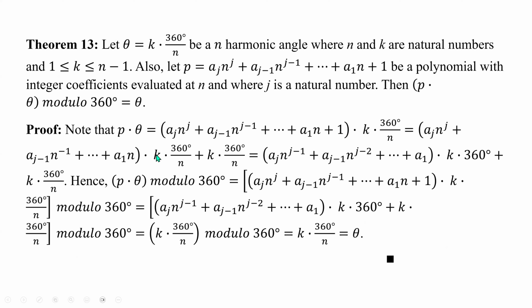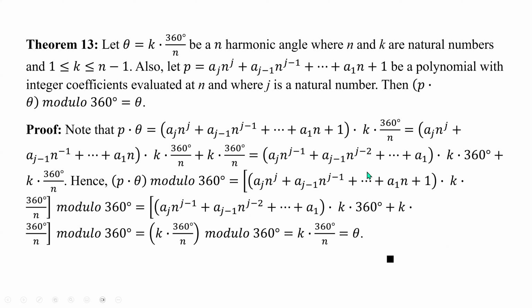Most of that expression times k times 360 degrees over n plus, and this was 1 times k times 360 degrees over n. Okay, now every term in this expression contains a factor of n, so you can divide each term by n, and that reduces this expression to a sub j times n to the j minus 1 power, and so on, plus a sub 1, times k times 360 degrees.